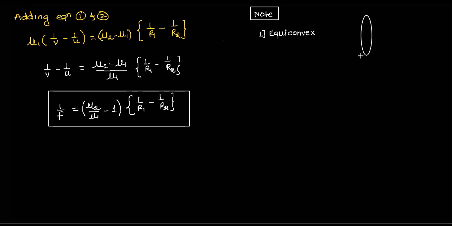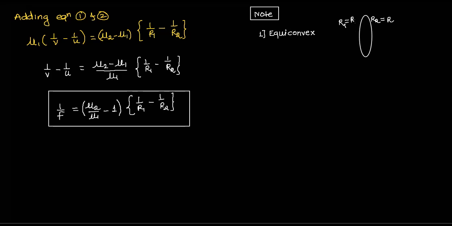Equiconvex means what? You know, equiconvex means R1 is equal to R2. So here this is R1, this is R2, and that is also equal to R, and this is also equal to R. So R1 is equal to R and R2 is also equal to R. Then only we can say that it is equiconvex. Okay, this is equiconvex lens.